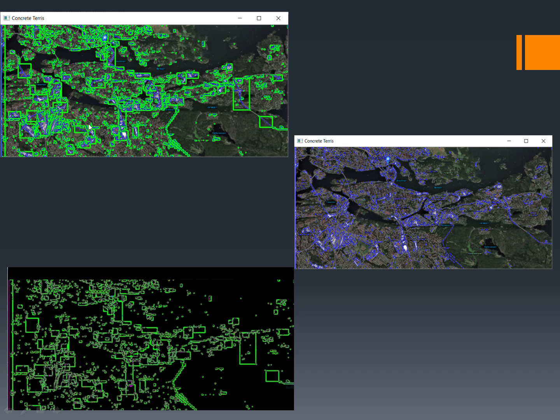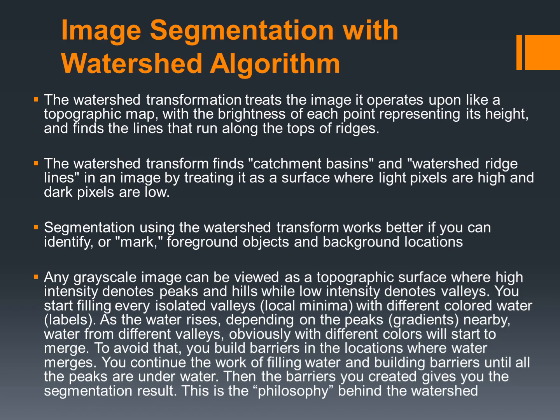So in order to take this urban region out, we have used a method called watershed. So this watershed algorithm is about two low-lying areas, or one low-lying area and one high-lying area, which make a ridge in between.